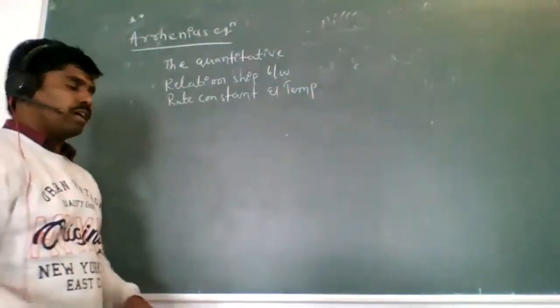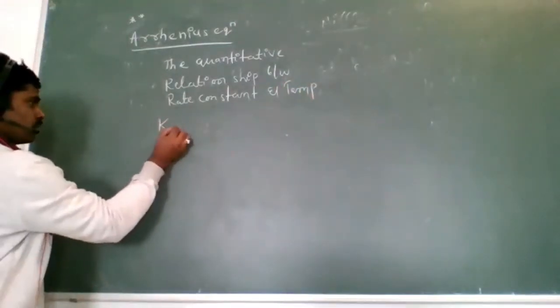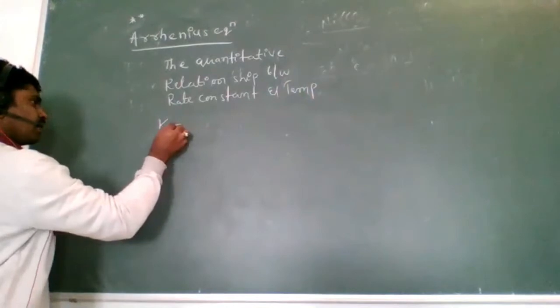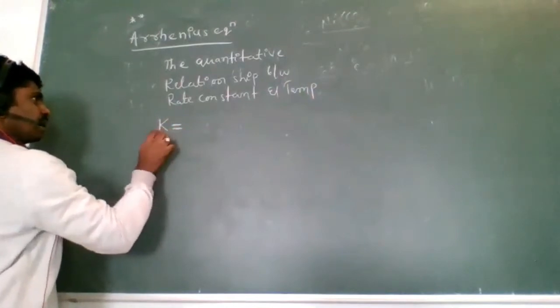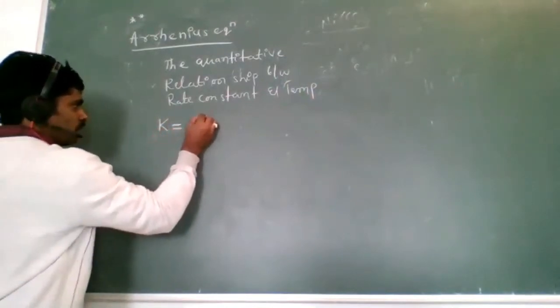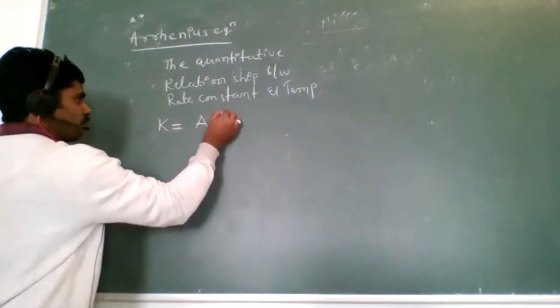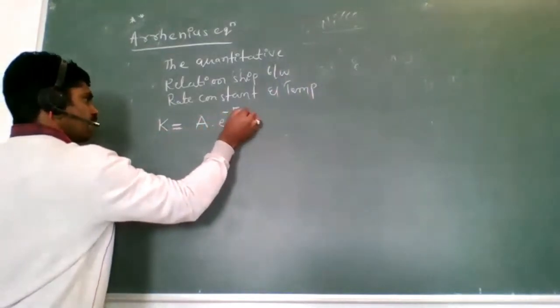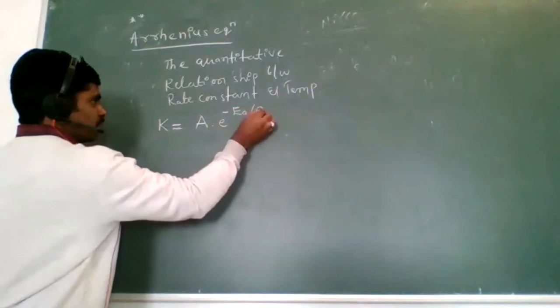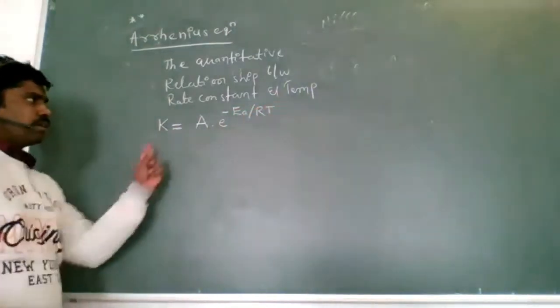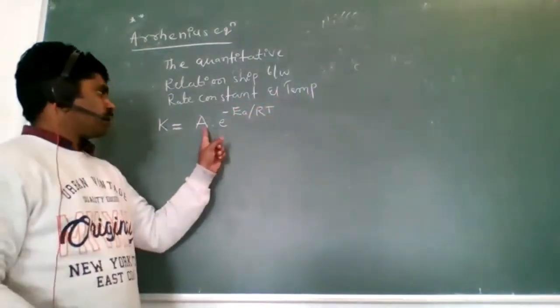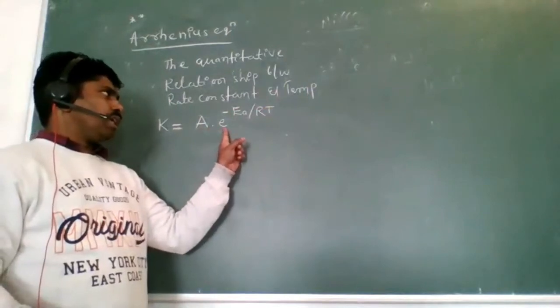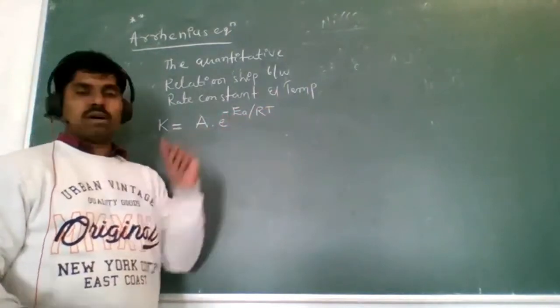That formula, that equation is k equal to, what is that? k equal to A into e power of minus Ea by RT.